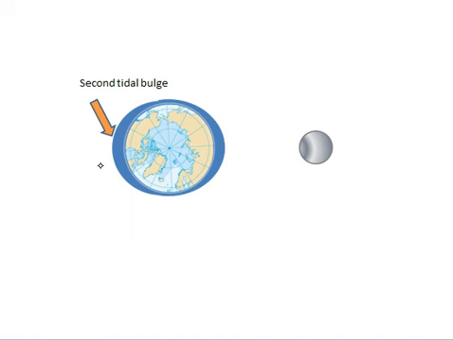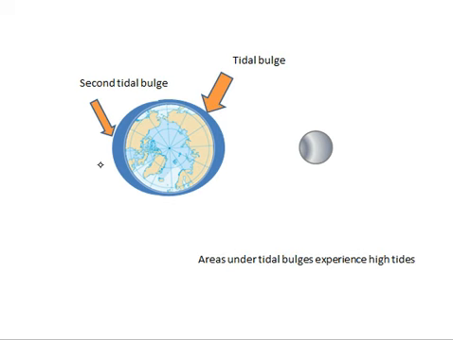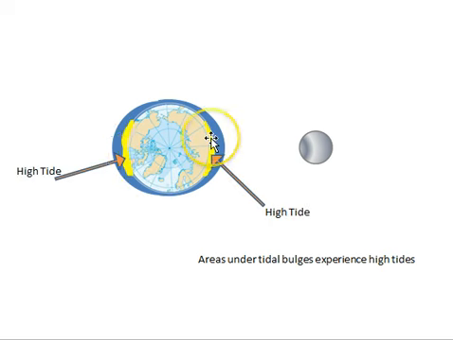So you end up with a second tidal bulge. Now, at any given time on the planet, you've got two tidal bulges, one facing towards the moon, one facing away. The areas that are underneath these tidal bulges are experiencing high tide. So at any given point in time, you've got two areas of the planet experiencing high tide, one on the side facing the moon, one on the side opposite from the moon.